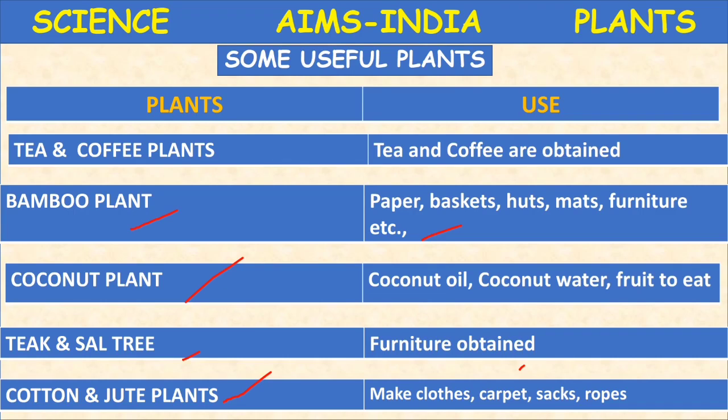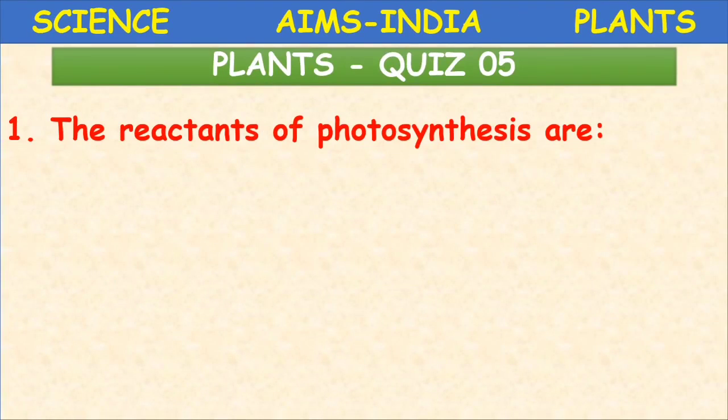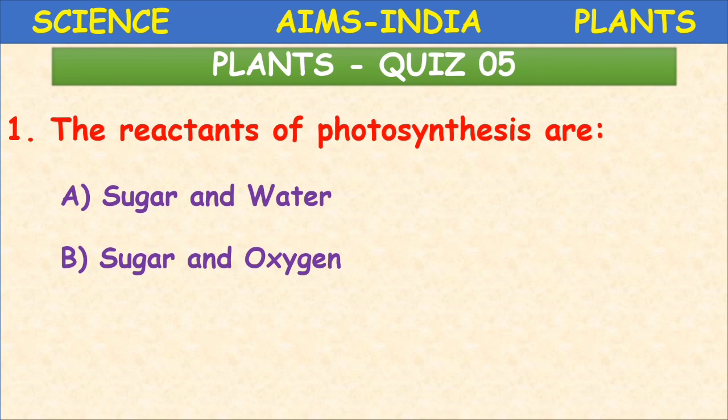So this is all for today, children. Before ending the session we will revise whatever we have learned until now in the form of questions and answers. Now see, this is our first question.